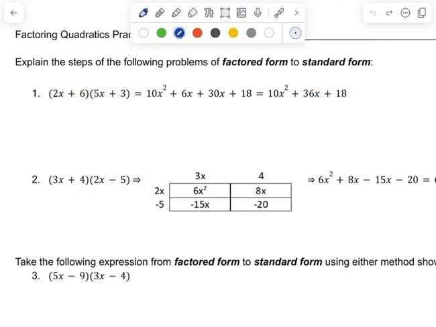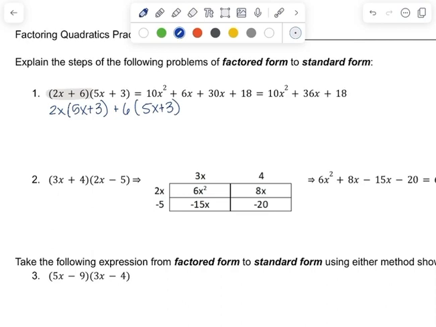So in this first one, we are multiplying, or distributing. Basically what we're doing is taking each term, so 2x is one of the terms, and multiplying it by 5x plus 3. And then we're taking 6 and multiplying it by 5x plus 3.